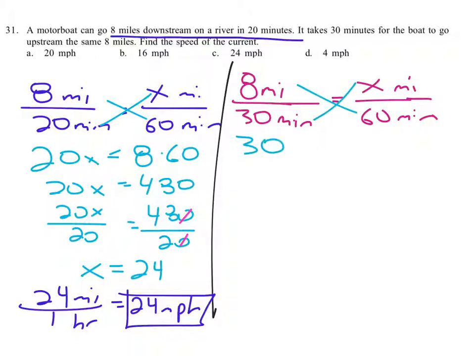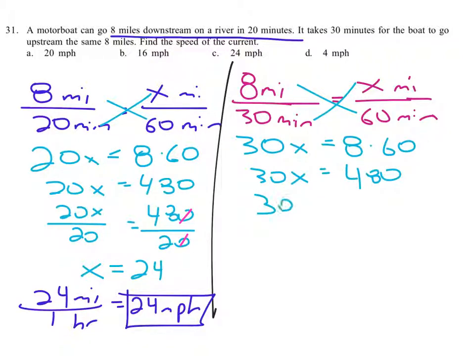property, and we get 30x is equal to 8 times 60 again. So 30x equals 480. But now we're dividing both sides by 30 instead of 20 like we did on the other side.